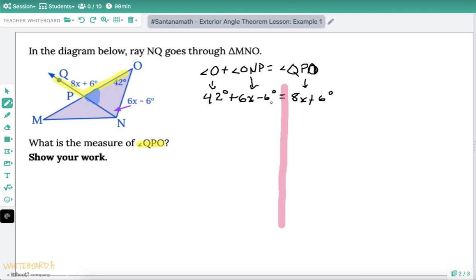So 42 and 6 are the constants we're going to bring together. 42 take away 6 ends up being 36. So 6x stays with us. Nothing happened to that. 6x plus, that's going to be a positive. 42 minus 6 leaves you with positive 36. So that's why we're adding it, because it's positive. And nothing happened on the right side of the equation. Notice this stays the same, 8x plus 6 degrees. Okay, we cannot cross the line until it's time to start using inverses.